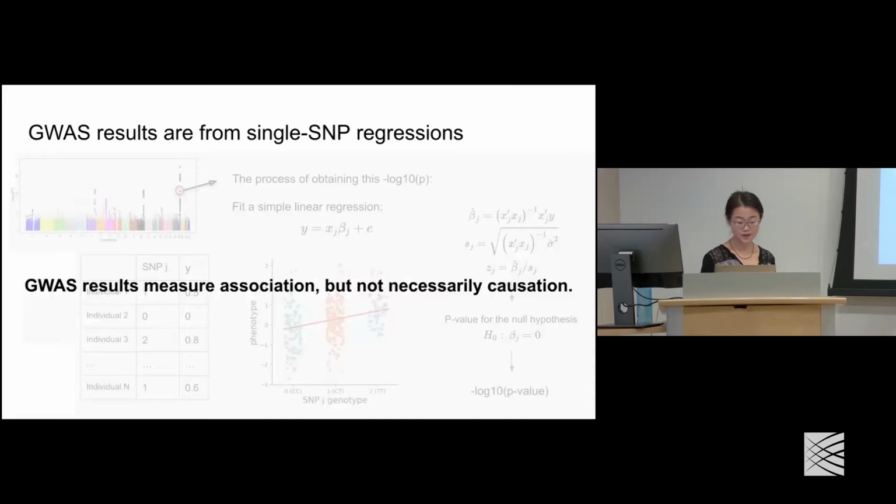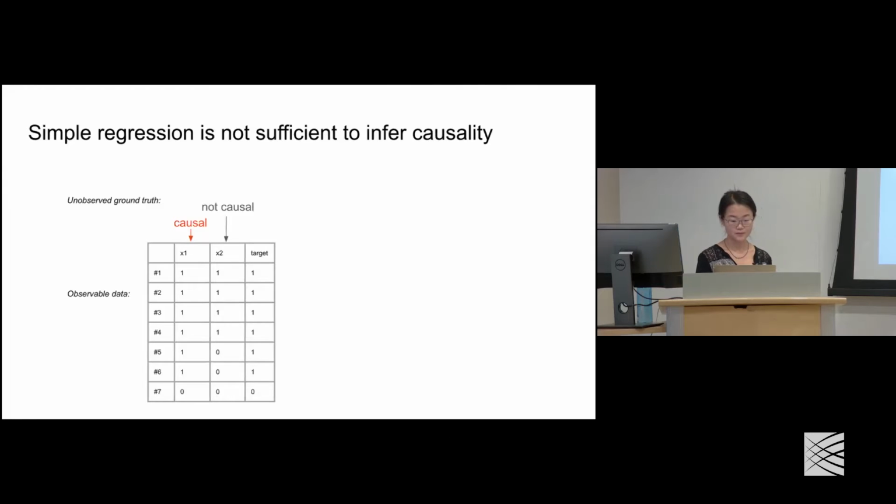So you may already know this, or you may be able to deduce from the math that GWAS results merely measure associations. You cannot use it to do causal inference. So how do we fix this? And what's the problem? Here I have a very simple example to illustrate the problem and to give you a solution, maybe.